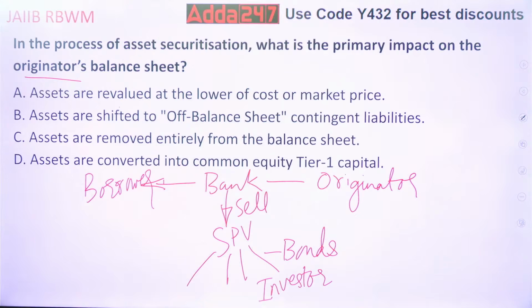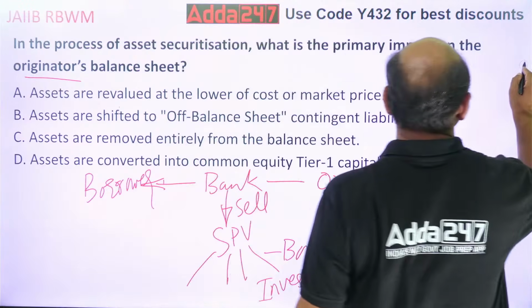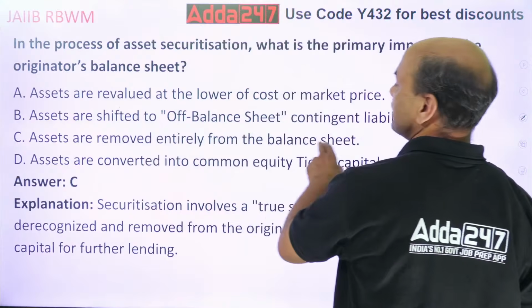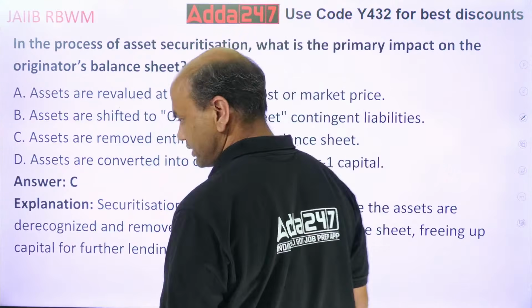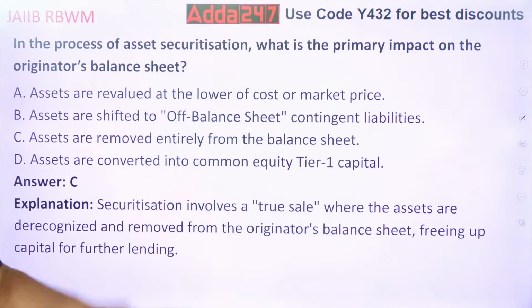Very good. Almost everyone has answered. So the answer is correct: assets are removed entirely from the balance sheet. Many of you have answered C. Some of you have answered B also, but C is the right answer.